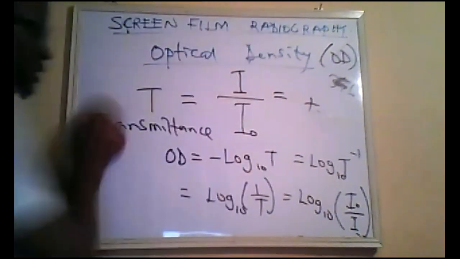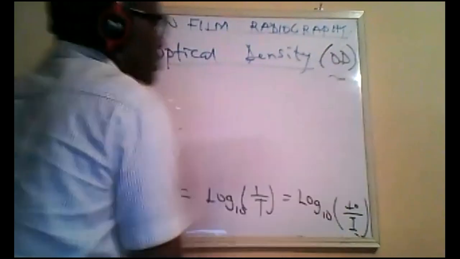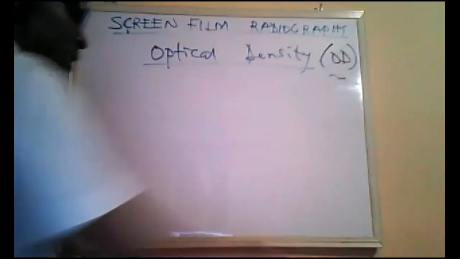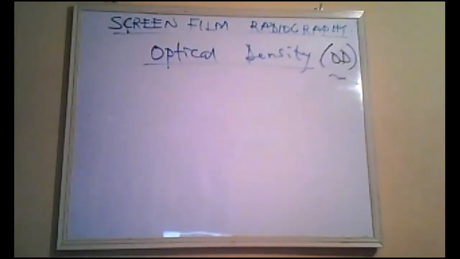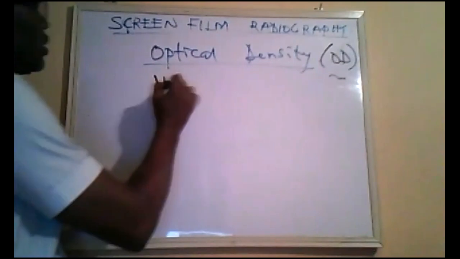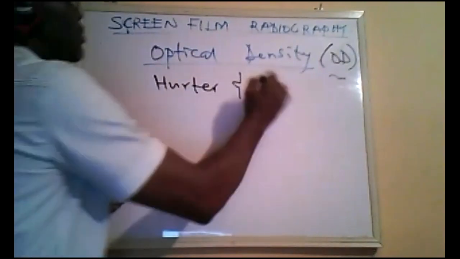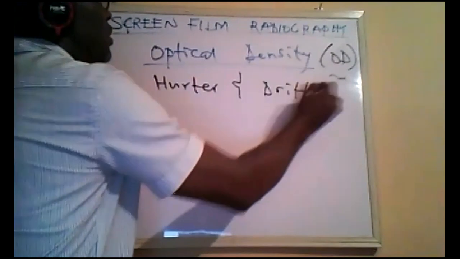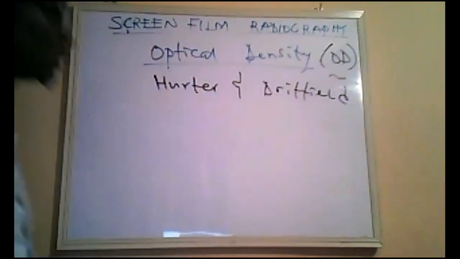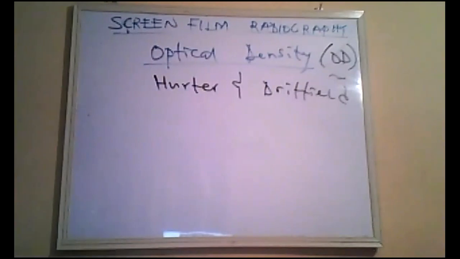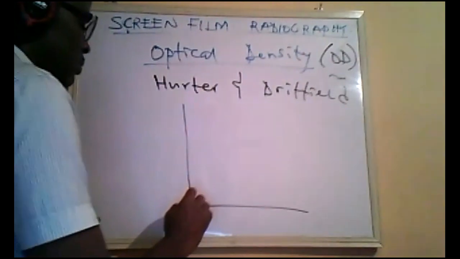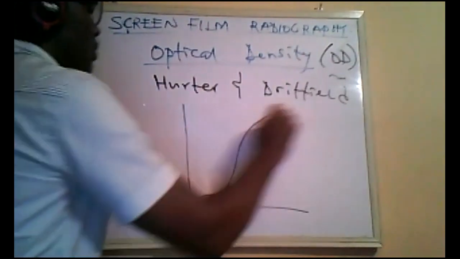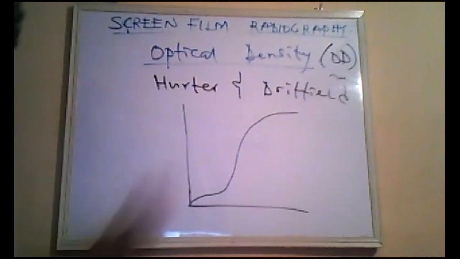Two scientists actually did a lot of work on that: Hurter and Driffield. They did extensive work on the comparison of optical density and exposure, the curve that we now know today as the characteristic curve.